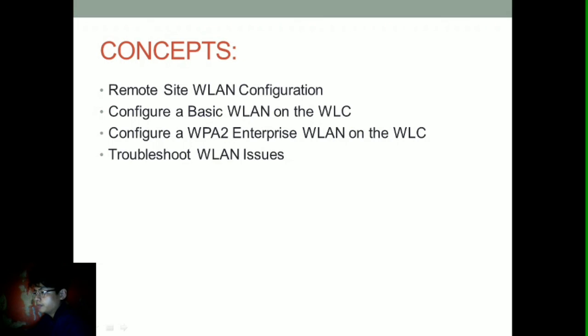To assess the problem, determine how many devices on the network are experiencing the problem. If there is a problem with one device on the network, start the troubleshooting process at that device. Of course, if there is a problem with all devices on the network, start the troubleshooting process at the device where all other devices are connected. And the best example there is the router or the switch.